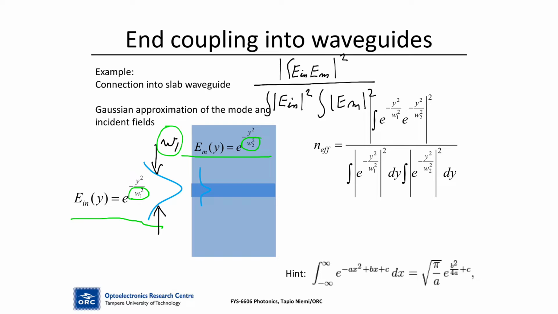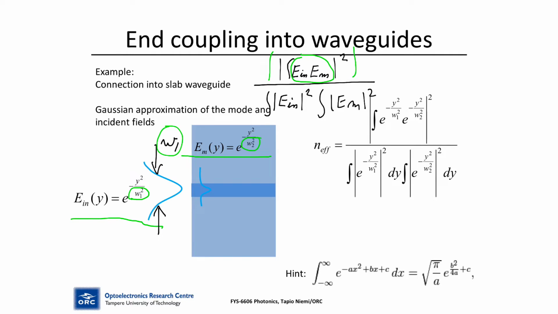The numerator of the overlap integral has the product of the incident and the waveguide mode. Then we take an integral and finally the absolute value of the integral.